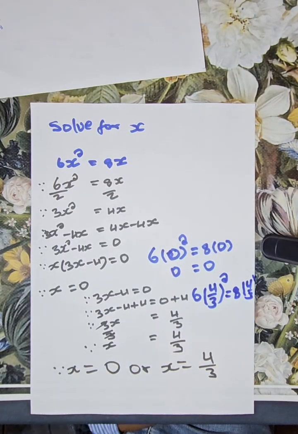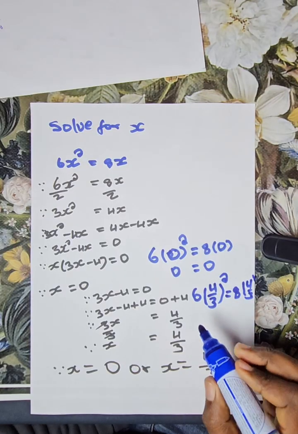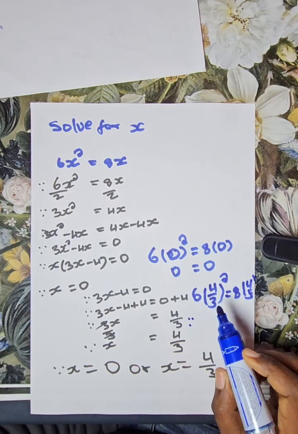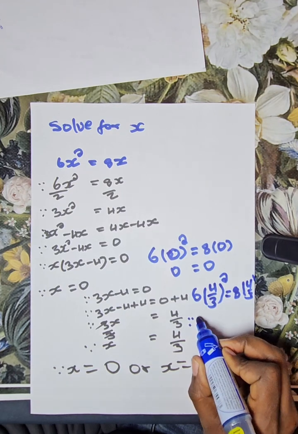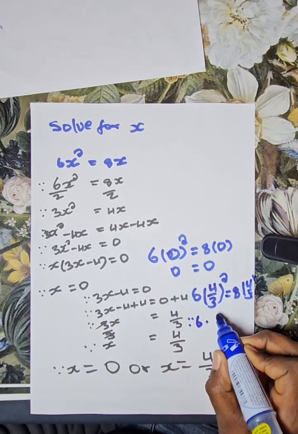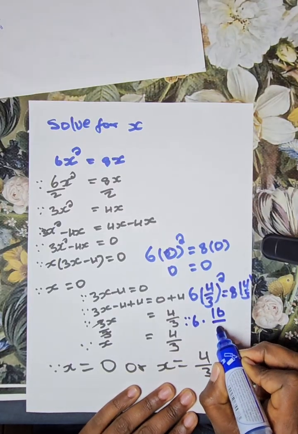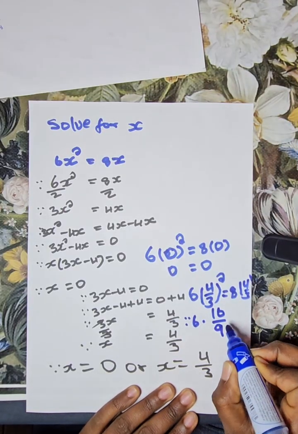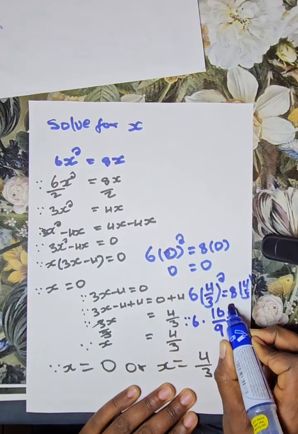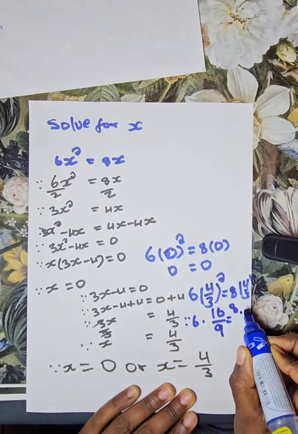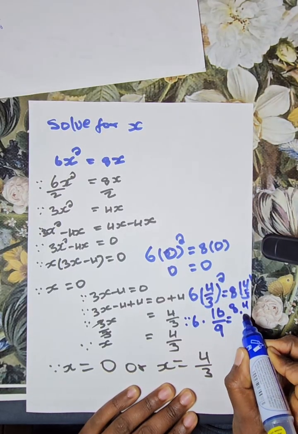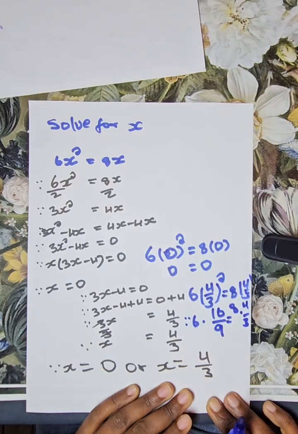This side is not squared. Now let's simplify this one. If we simplify, 4 over 3 all squared, equals 6 times 16 over 9 equals 8 times 4 over 3.